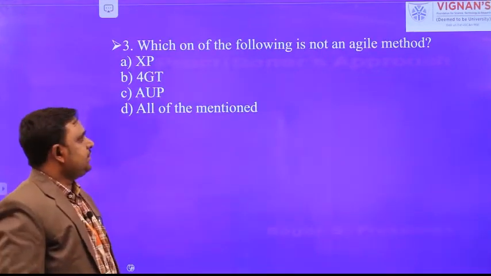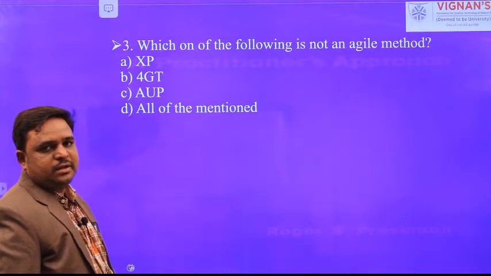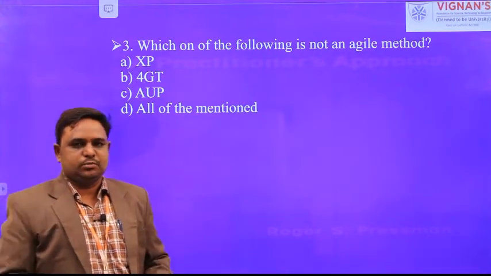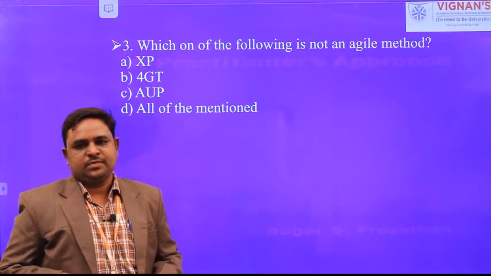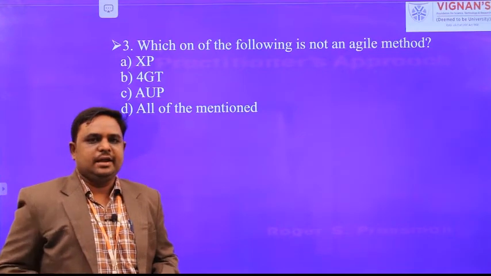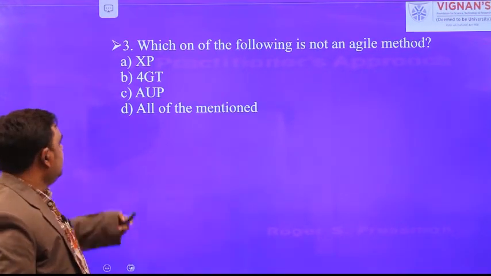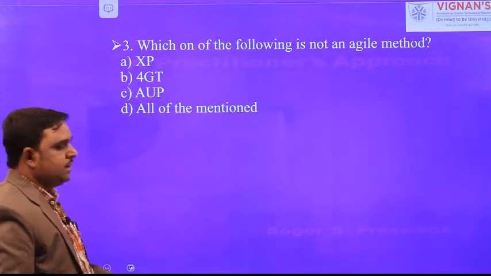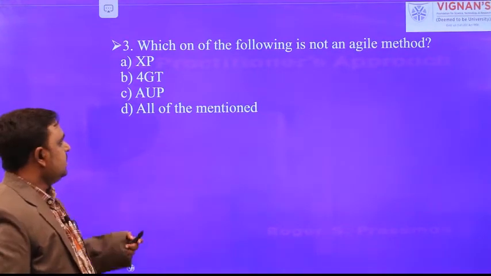Next one: which of the following is not an agile methodology? In agile we have a number of implementation models like extreme programming, scrum, and unified process, ADS, and so on. Here the options are extreme programming, 4GT, agile unified process, and all of the mentioned.